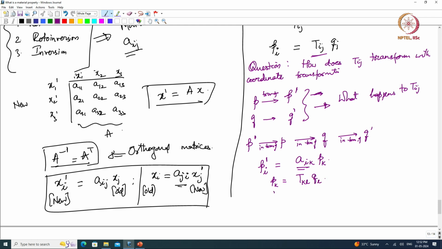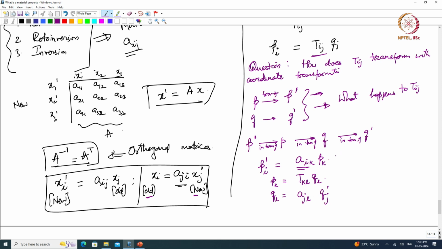And then Ql is in the old coordinate system, you can look back here. So, how do I get the old coordinate system from the new coordinate system? I just transpose the Aij matrix. I am eventually going to make this Qj dash, because I need a Tij dash. So, I will have Ajl. So, that is how it transforms. So, xi is Aji xj dash. So, Ql is Ajl Qj dash.